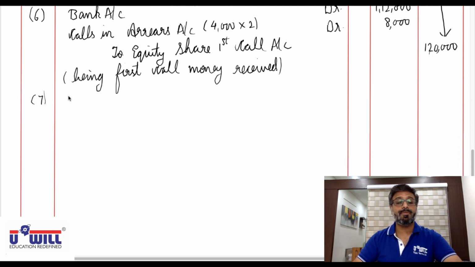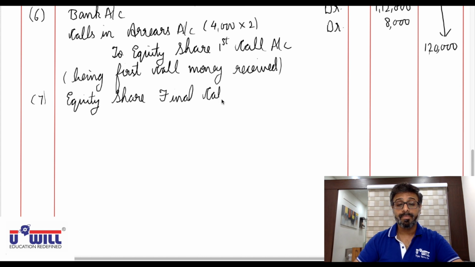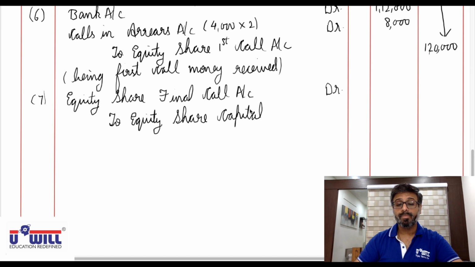Now same 2 entries of final call. Equity share final call account debit to equity share capital account. 60,000 shares, same 60,000 shares.